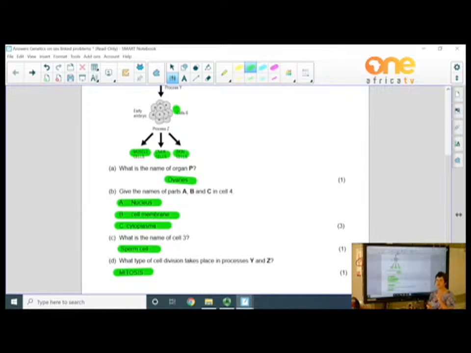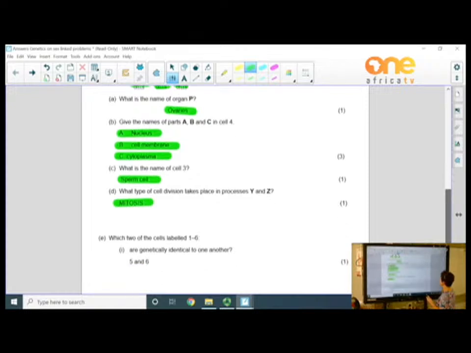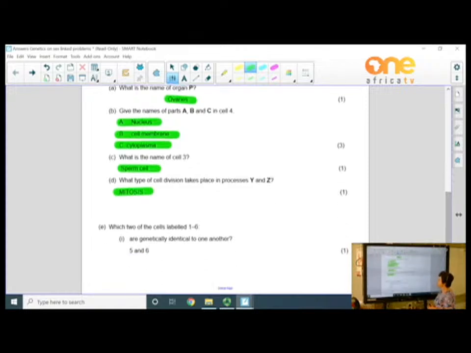What was the name of process X, if you care to go back? X was to form a gamete, so that was meiosis, right? Now it was mitosis. Which two of the cells labeled 1 to 6 are genetically identical?